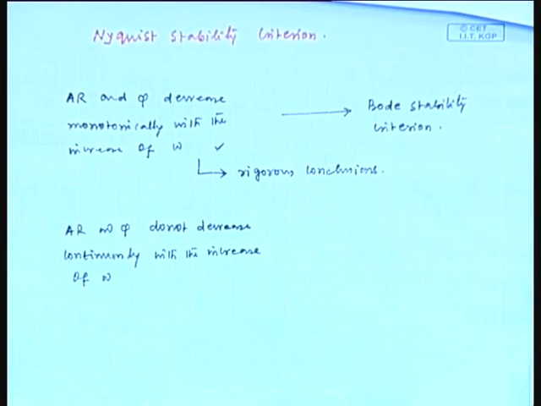There are very few systems in chemical engineering for which the amplitude ratio and phi do not decrease monotonically with the increase of omega.